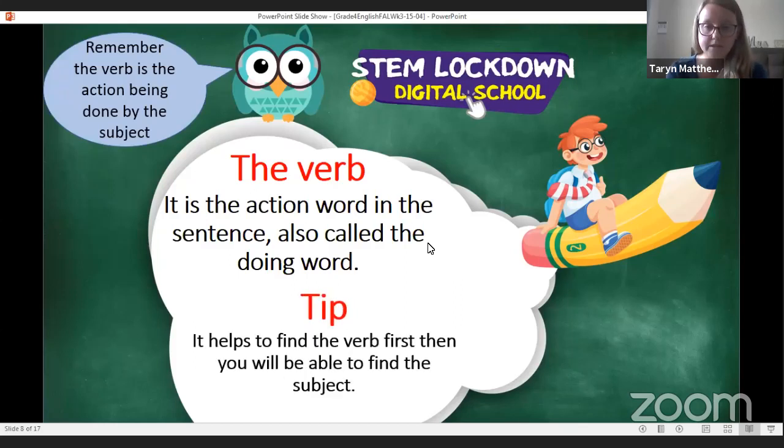When we have a sentence, the thing I find helps a lot is if you find the verb first. So once you've identified the action, then you're able to find the subject a little bit easier, because sometimes in a sentence the subject is at the beginning, but not always. But the subject is always before my verb. So if you find the verb, you're able to find the subject, because remember you ask who is doing that action.